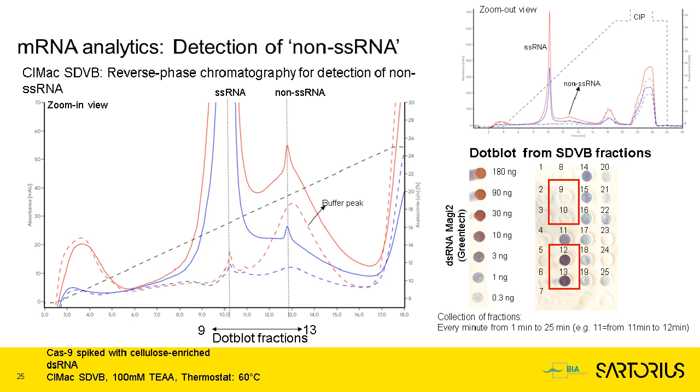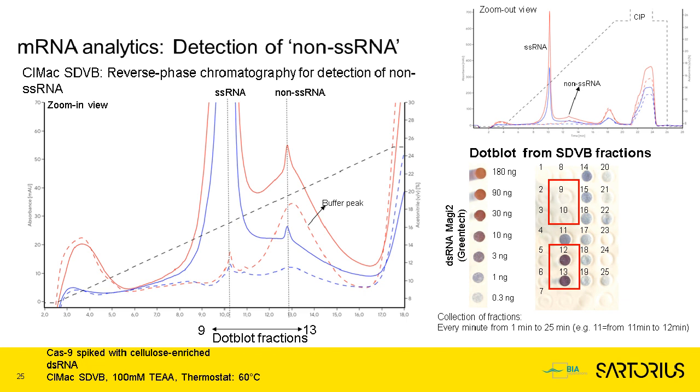The column is called SDVB, or styrene divinyl benzene, and I should get a point for every time I pronounce this correctly. We can nicely validate the elution profile from SDVB chromatogram with dot plot showing that the main peak typically corresponds to single-stranded RNA, and peaks eluting later correspond to materials that also give a signal on J2 dot plot, meaning they correspond to double-stranded RNA.